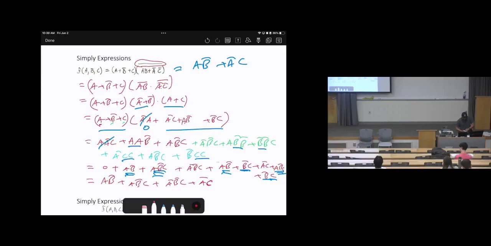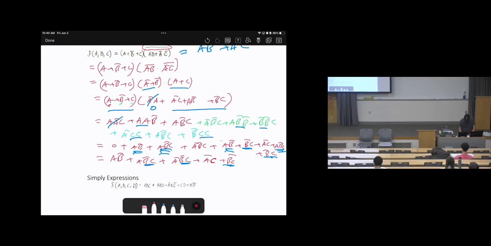Now we still need to simplify it more. We can look at the other terms. We have here B bar C, and there is a term here, B bar C, that I missed. So as a result, we can group B bar C together.